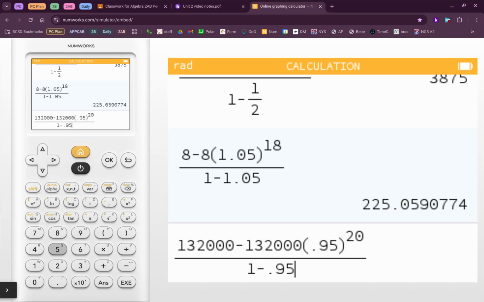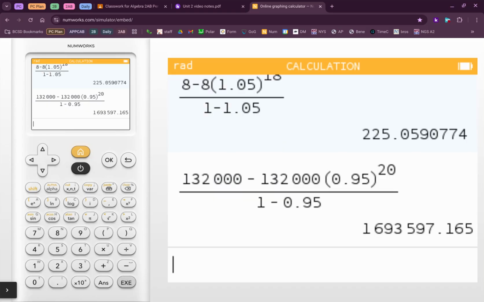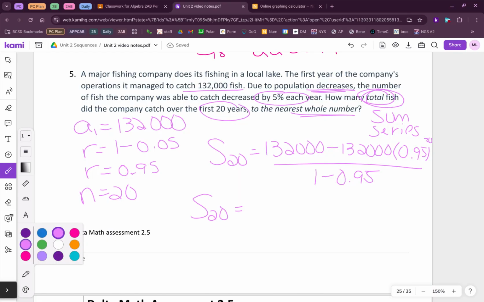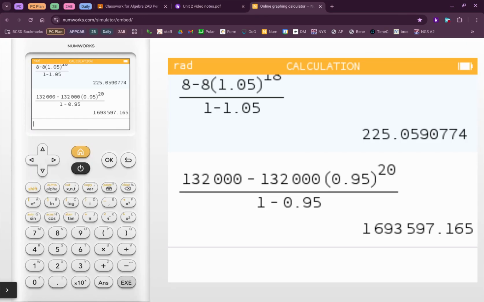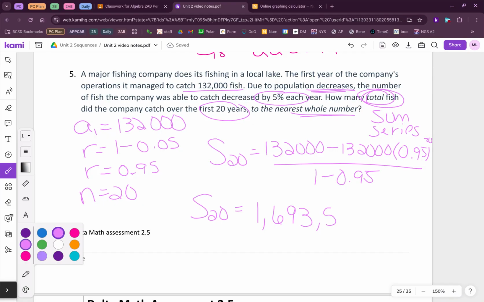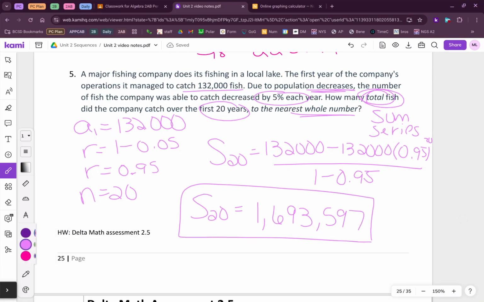Oh, I put an extra decimal in. There we go. All right, so 1,693,597,000. There we go.